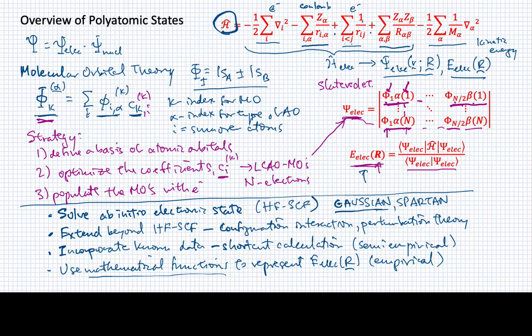We're just scratching the surface here. I want to give you a little bit of a flavor for how this works, and that this is really a difficult problem. These are very sophisticated systems with many moving parts. Just looking at the Hamiltonian tells us there's a lot going on in polyatomic molecules, but there's also a lot we can learn if we're a little bit clever about how we pose the problem and about how we go about solving it.